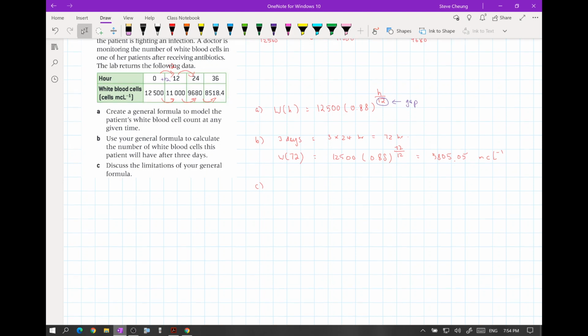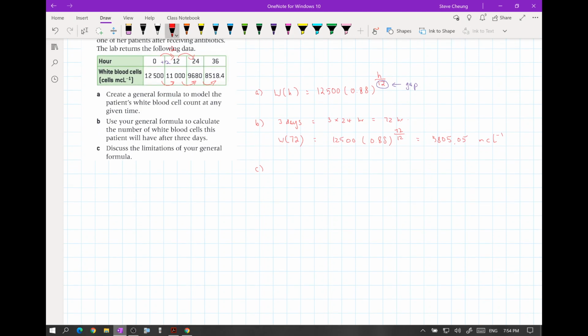But if we just look at this scenario, you can say something like the amount of white blood cells should reach 0 at some point. But this model goes on indefinitely.